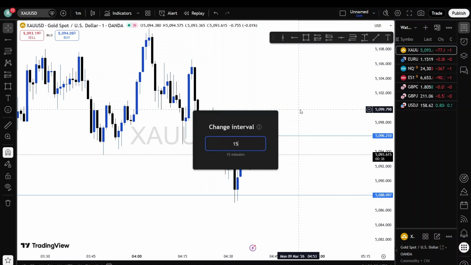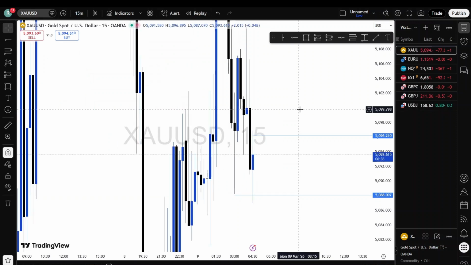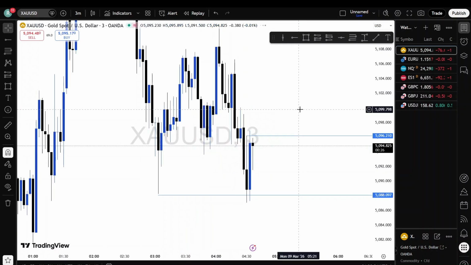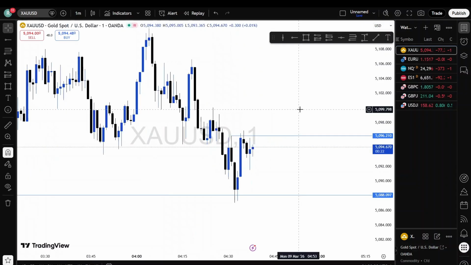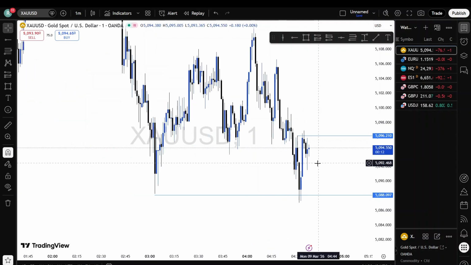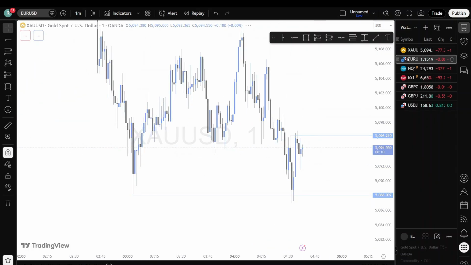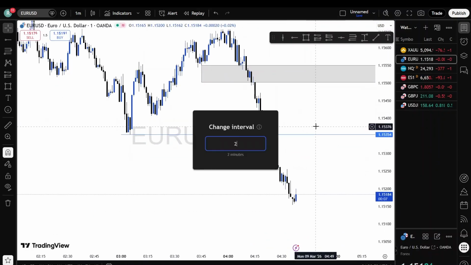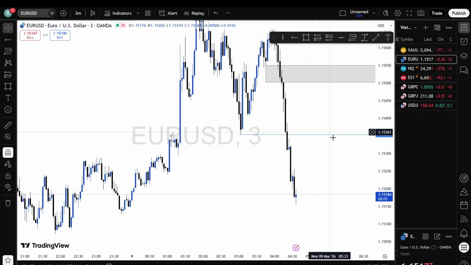Still 7 minutes to the 15 minutes candle closing. We'll see. Patience is the key. We are waiting patiently for the setup to get formed.